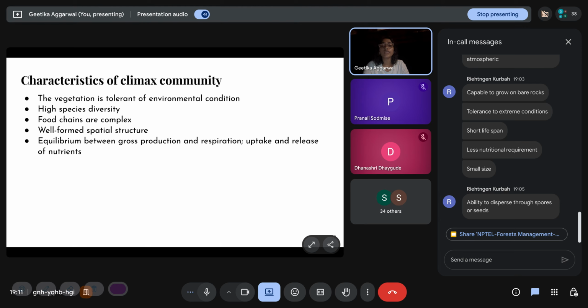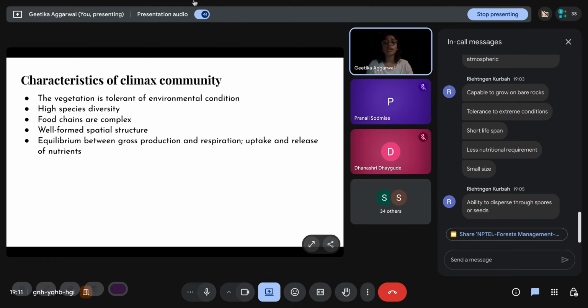And there's going to be an equilibrium between gross production and respiration, and a kind of equilibrium between uptake and release of nutrients. When something has reached a climax, it will, as we said, be at steady state. The amount of nutrients that it takes up and the amount it releases will be more or less balanced, so it will be able to sustain itself.